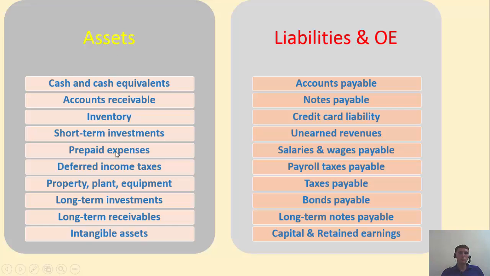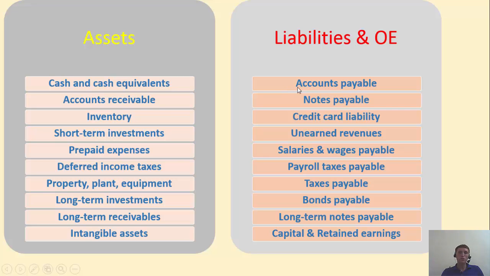These terms are closer to the account titles that we use in accounting. And on the other hand, the commitments that a firm has to its owners and other stakeholders, we usually use these terms when we talk about these commitments, and we call them liabilities and owners' equities. So we have accounts payable.